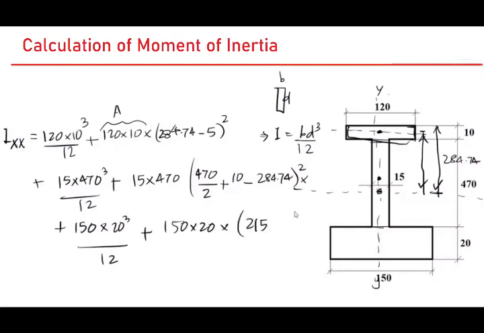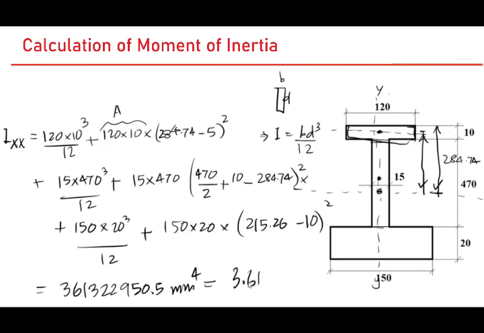This time around I'm taking the length from the bottom, and you have 215.26 minus 10, whole square, and then you get a value of 3613229, I'm sorry, 50.5 mm to the power 4, and that you can simplify as 3.613 times 10 power 8 mm to the power 4.